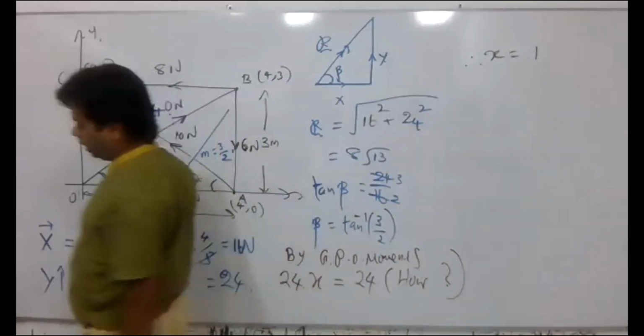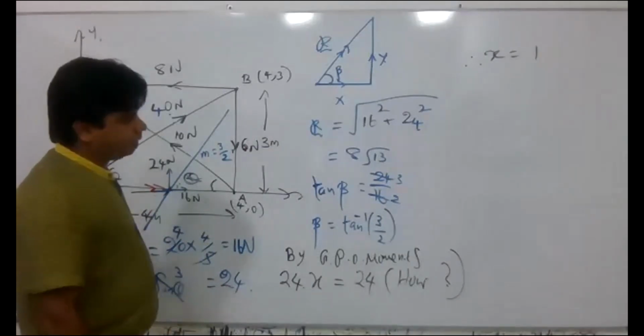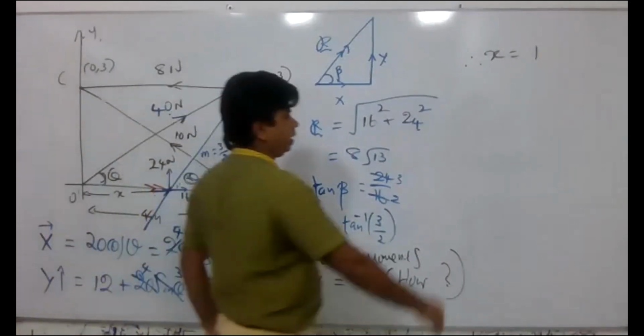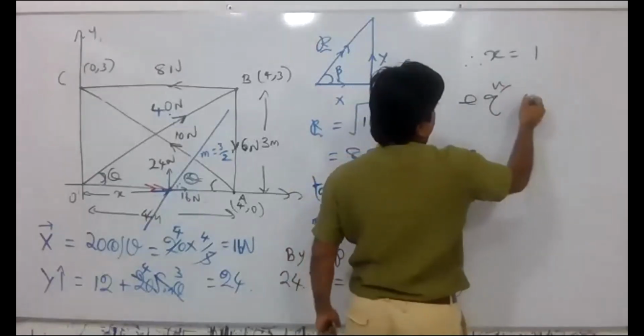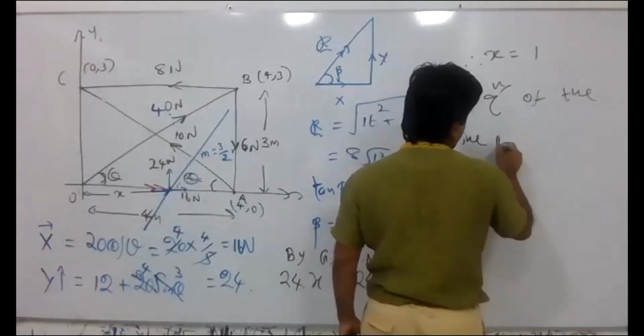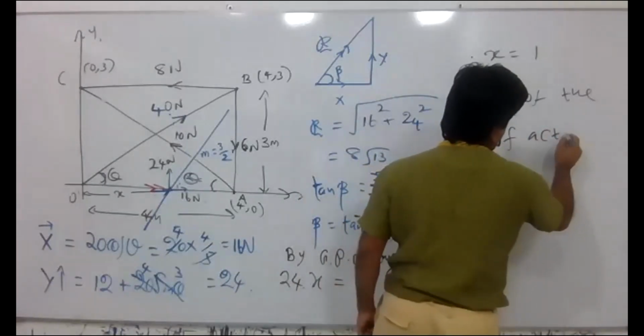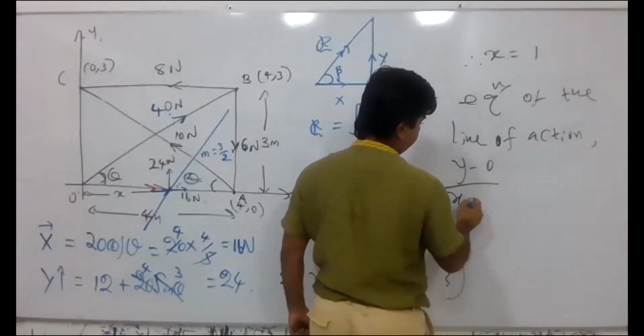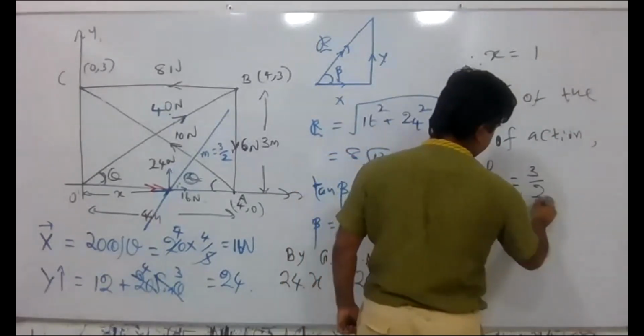X equals 1. Now again, we know that the gradient of the line is 3 over 2, and it passes through 1 comma 0. Therefore the equation of the line of action is y minus 0 divided by x minus 1 equals 3 over 2.